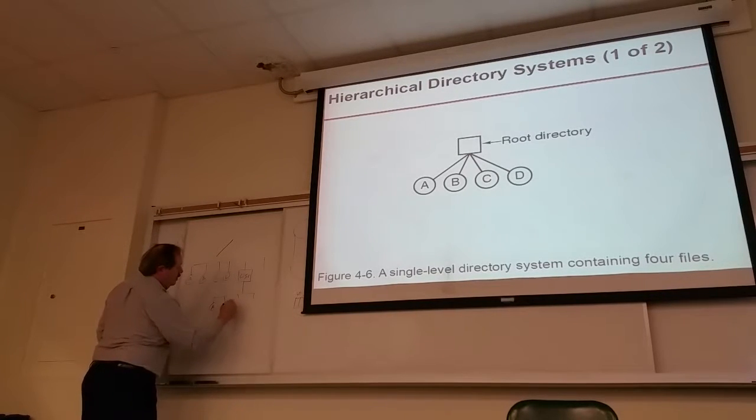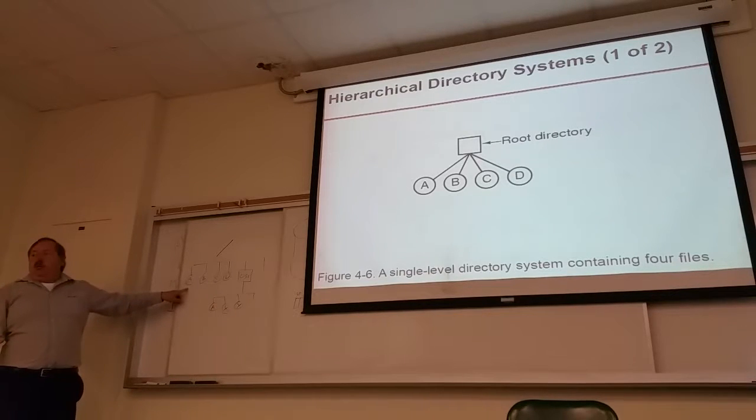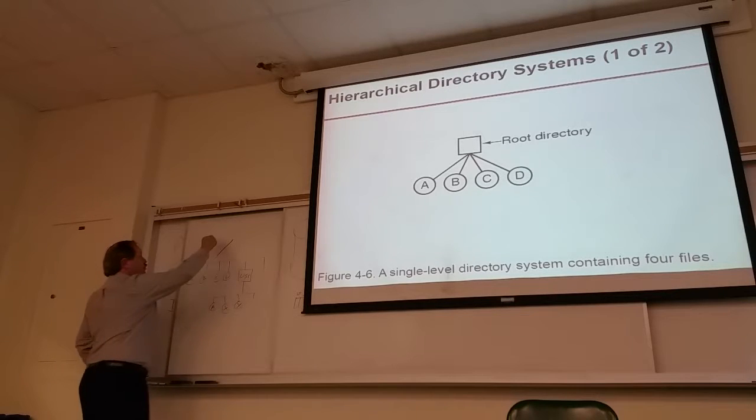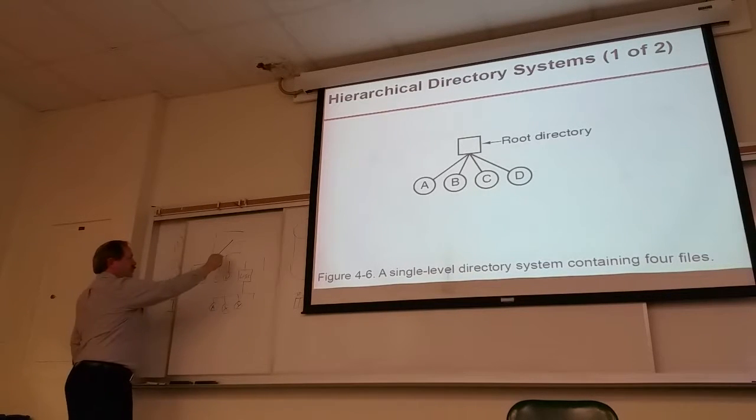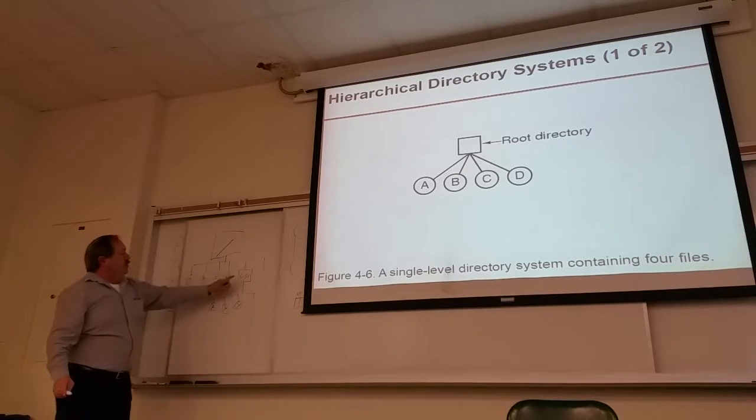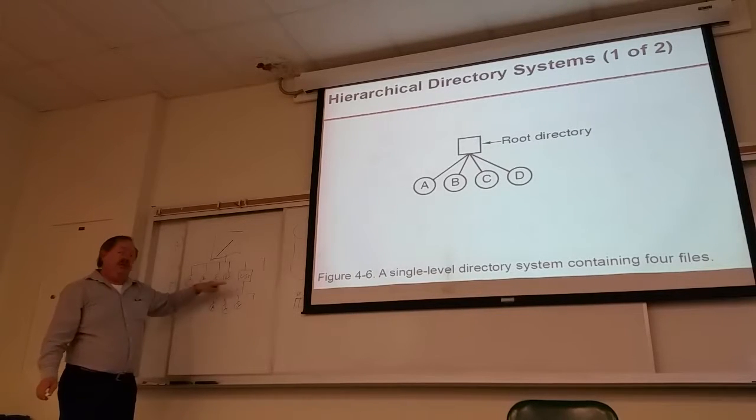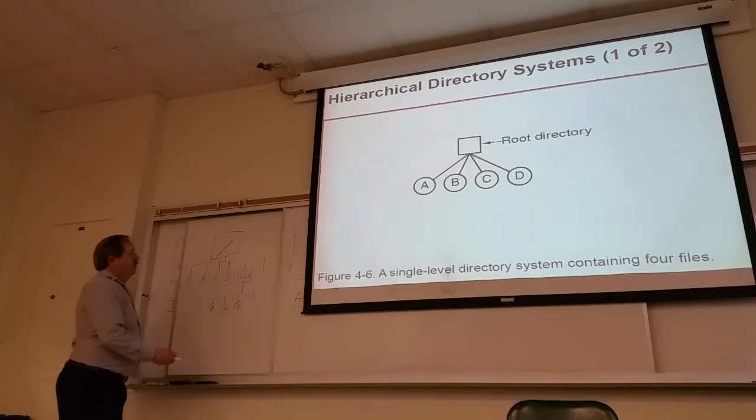So you said all A, B, C, D, those are the child files? Yeah, these are all child files to this root directory file, slash. In this case here, I have a child file to slash, but it has its own child files.